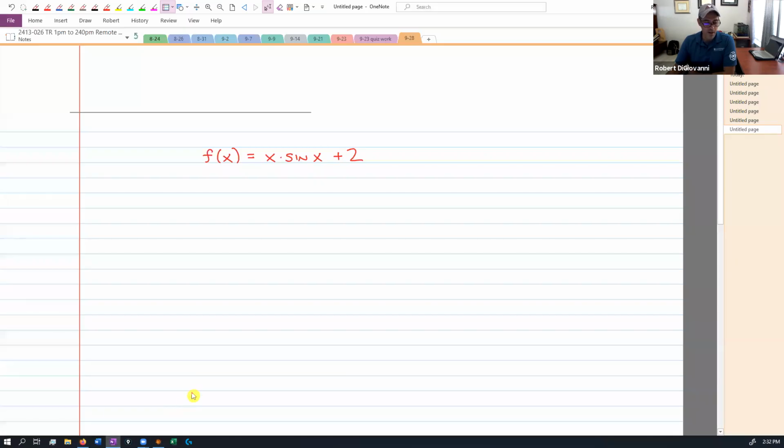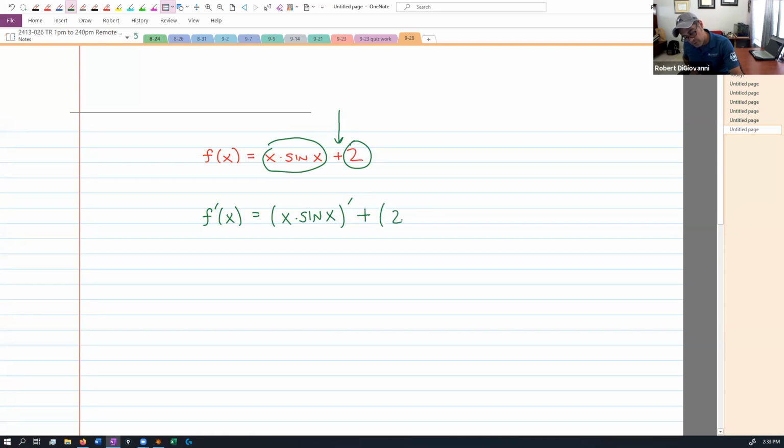Now, if I take the derivative of this, what I know so far I can do is, because I see a plus sign, I can do this and this separately. Do you understand? I can take the derivatives of those individually, which means that I need to take the derivative of x times sine x and then add to that whatever the derivative of 2 is.